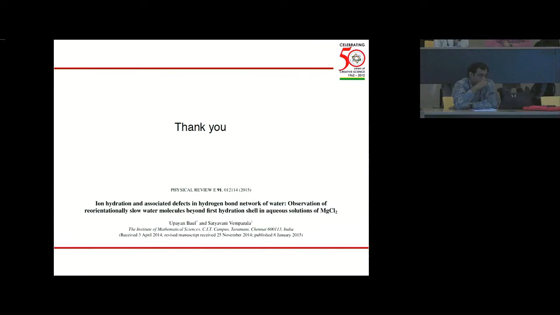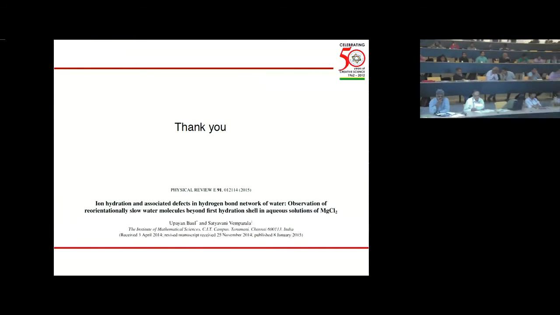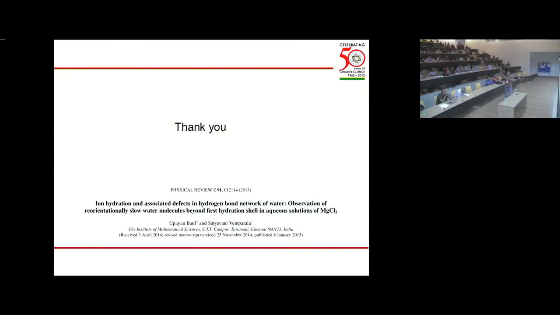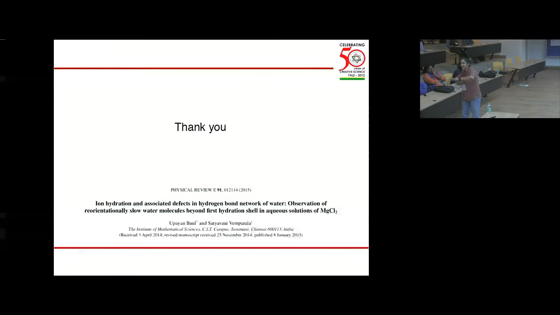But the third one is coming because, when you have these domains, you have a domain and domain interacting. If a water molecule sitting at the edge wants to change its direction, it can't do so easily unless the entire domain changes, because that's the slowest. So as you put in these ions and these domains come up, you have a coarse graining of the system happening, and now you require the entire domain to change, and that probably is what is contributing to the third one, which is the longest time. That's what we feel.